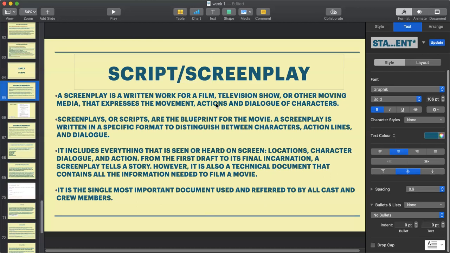The script will not mention that this character is feeling tired. No, in the screenplay, you will write how you are showing the character feeling tired. Okay, for example, there is a dialogue where this character is telling another character that he is tired.